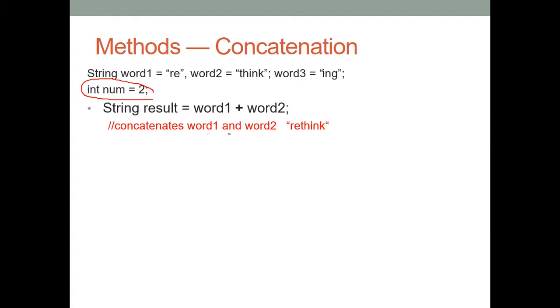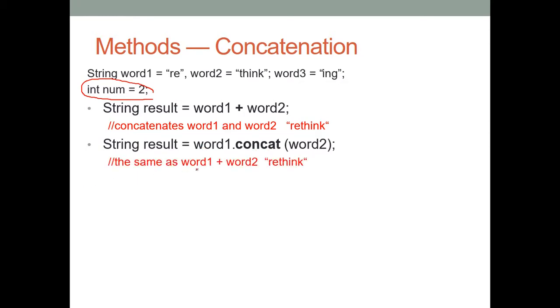So concatenation of word1 and word2 is rethink. A string result equal to word1 dot concat with word2, so the same word1 plus word2 will give you the same answer, rethink. Result plus equal to, you already know, this is the shortcut operator.